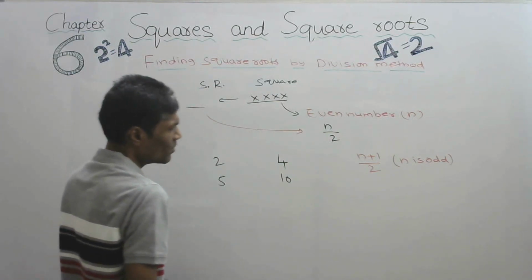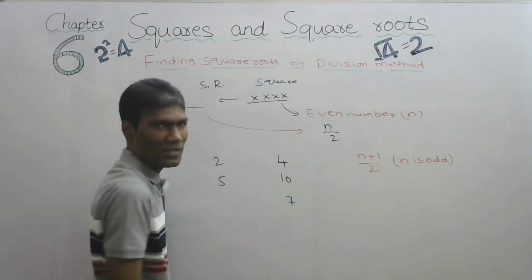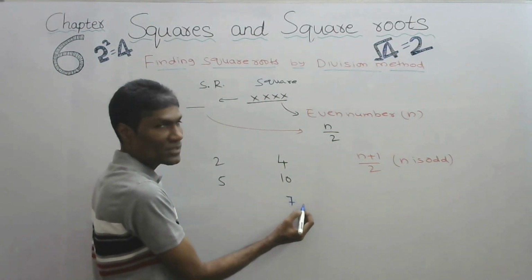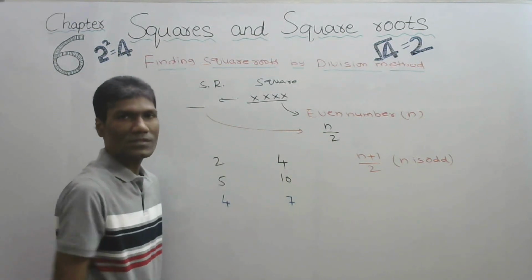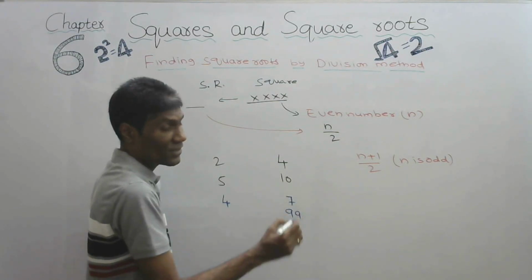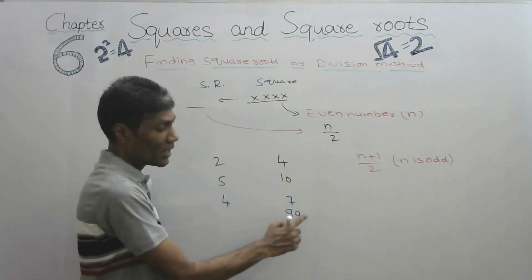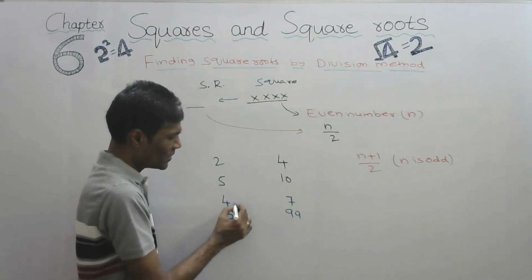Let us see one example. Say 7 digits are there. So 7 plus 1, 8. 8 by 2, 4 digits. Say we have 99 digits. 99 plus 1, 100. 100 by 2, 50 digits.